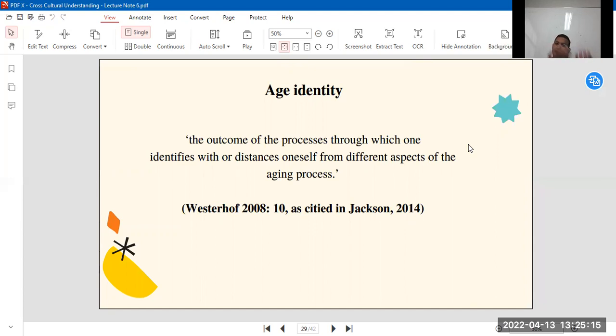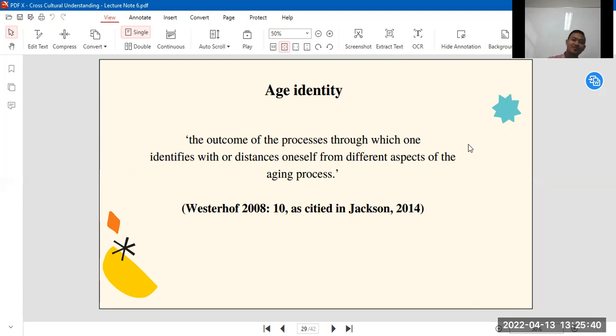For example, this applies only to a particular age group, let's say under 17 or above 17. This can be seen in our daily life. Certain movies cannot be watched by people who are under 17 because they are not mature enough.